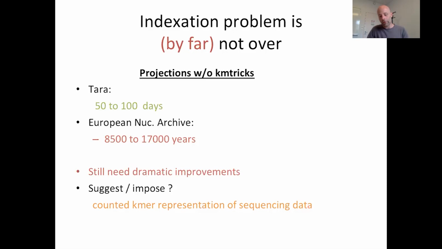We could construct very efficiently some indexes to be able to query those datasets. So this is an idea, maybe a bit counterintuitive because we need some space to store those kmers, but this would enable us to make those queries.